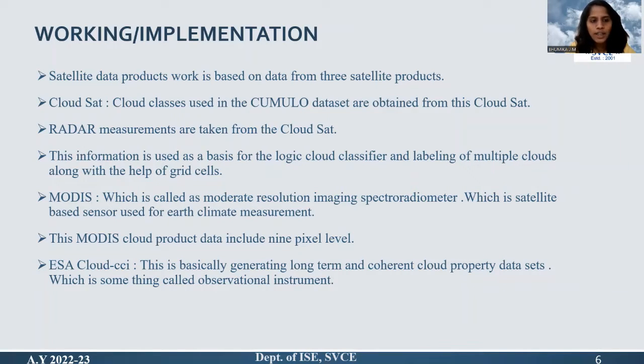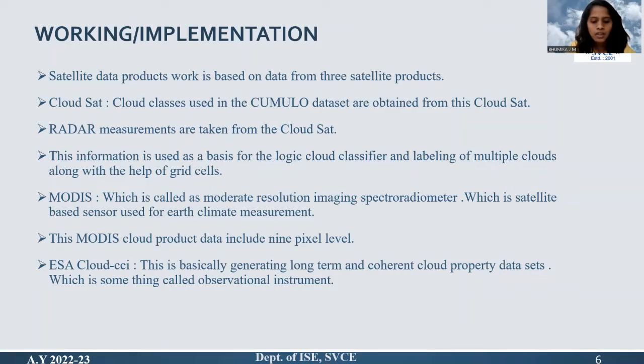MODIS, also called the Moderate Resolution Imaging Spectroradiometer, is a satellite-based sensor used for Earth climate measurement. This MODIS cloud product data includes nine pixel-level products.